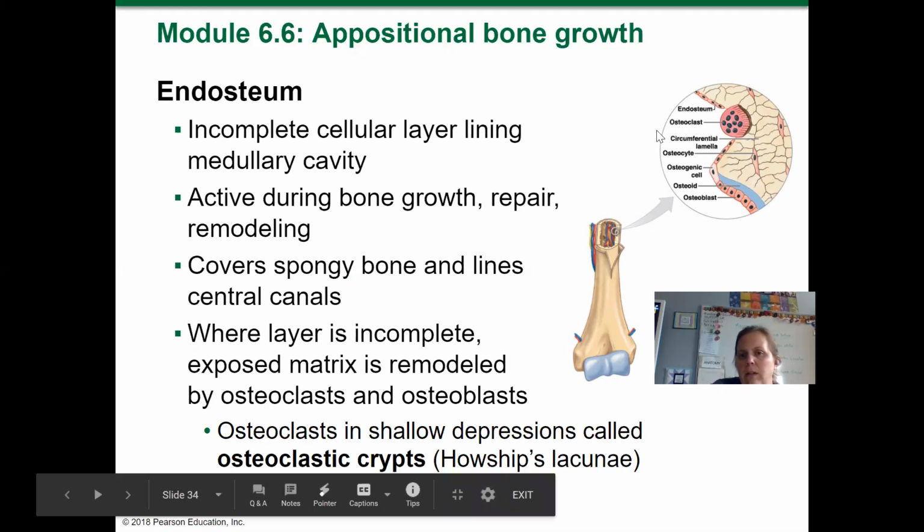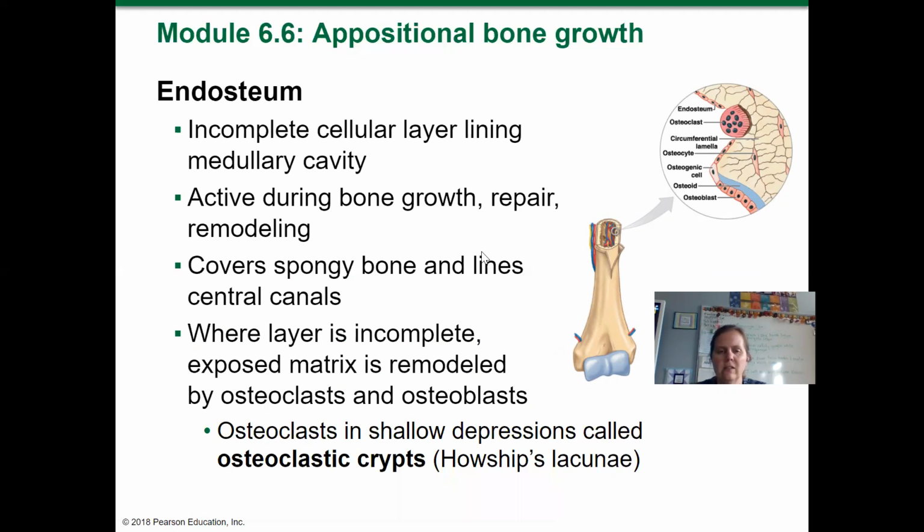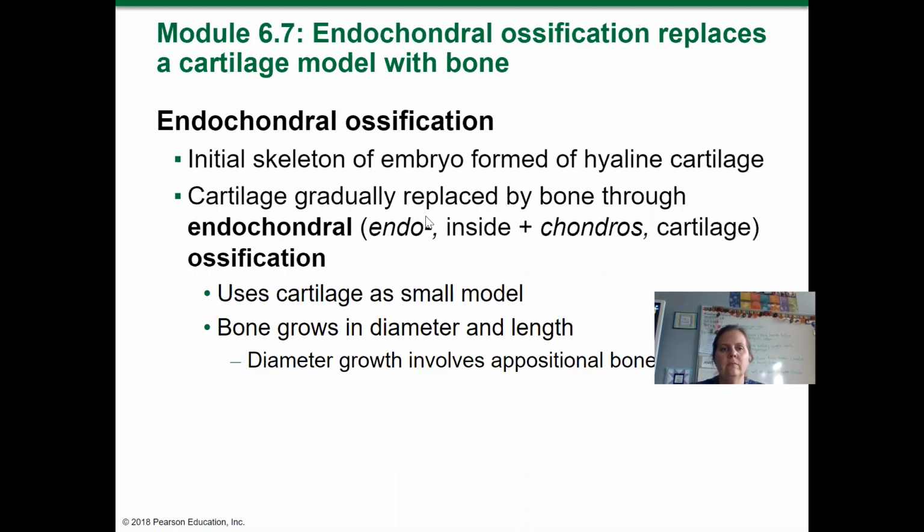So when we talk about remodeling, we're talking about the balance. That is the first type of bone maintenance, and there are a lot of problems, like osteoporosis and osteopenia, which occur when there's an imbalance in your osteoblasts and osteoclasts. You have more breakdown than you have built up.